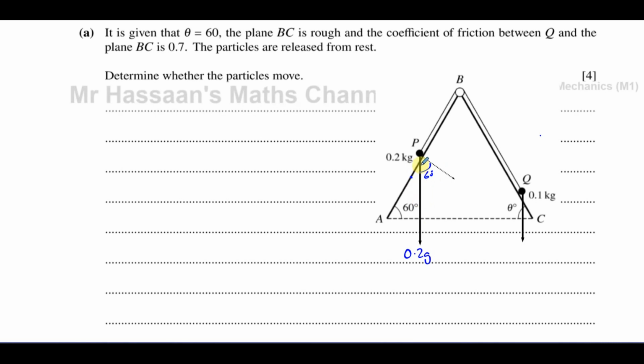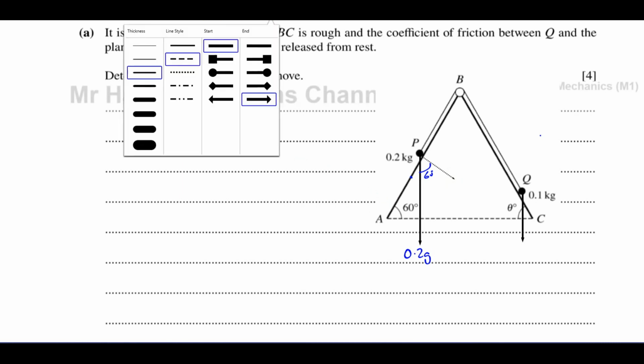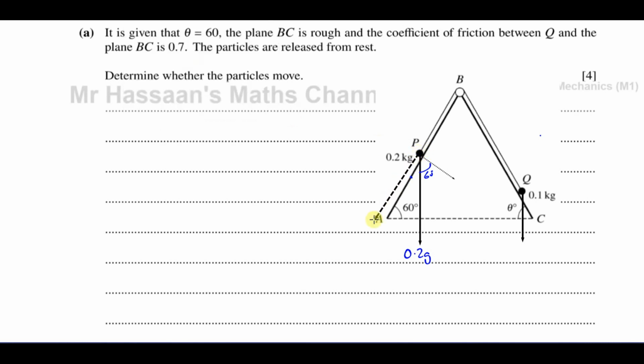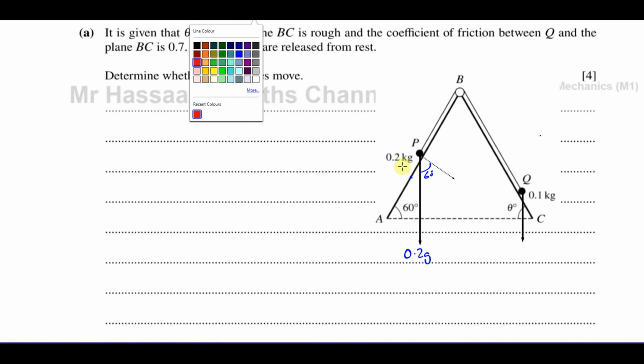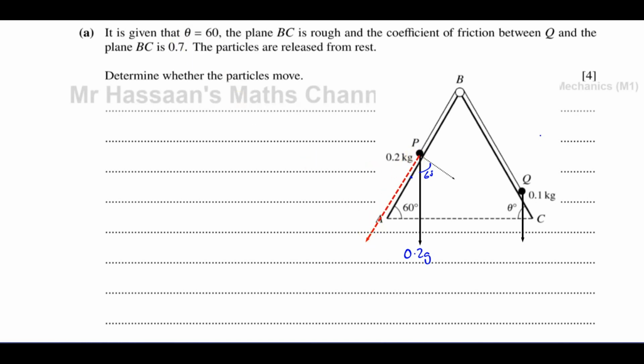Going into the angle, that way is going to be cosine, and this way is going to be sine. So this is 0.2 G sine 60. And over here, remember this is also 60 degrees, according to the question before.